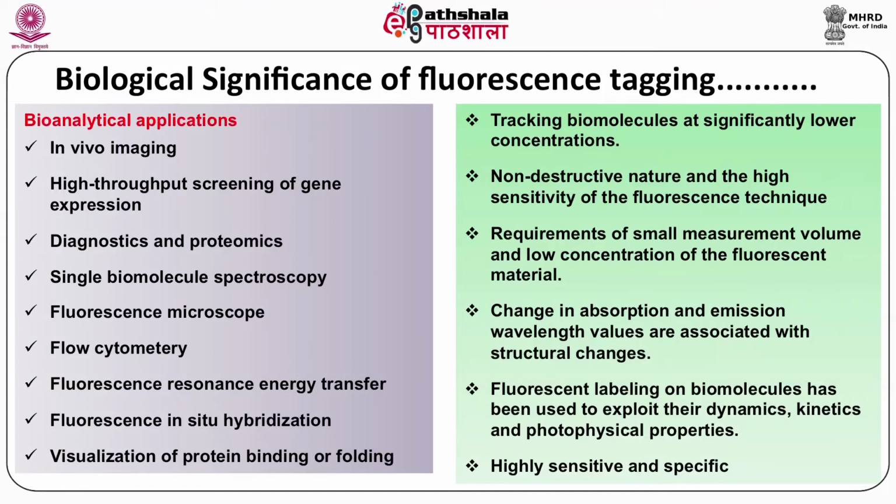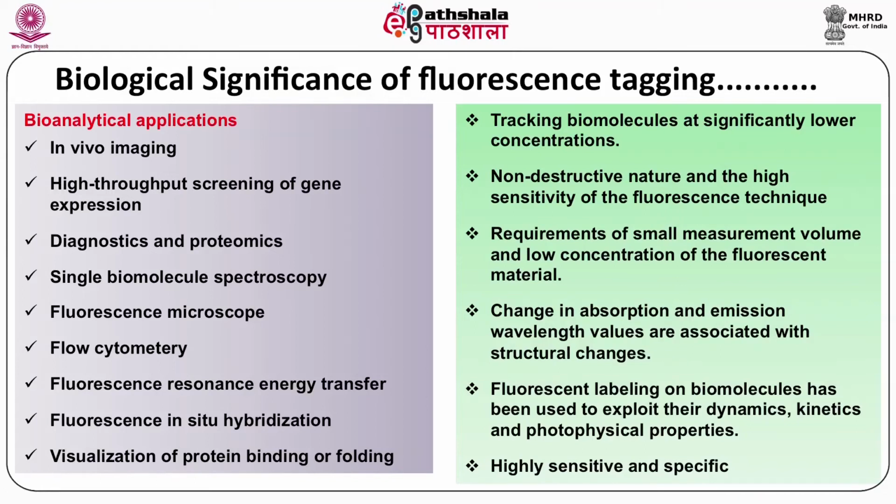The non-destructive nature and the high sensitivity of the fluorescence technique enable many other biological applications. The requirement of a small measurement volume and low concentration of fluorescent material make it a more useful and reliable technique. Changes in absorption and emission wavelength values are always associated with structural changes.